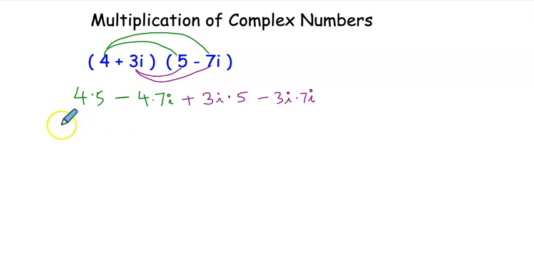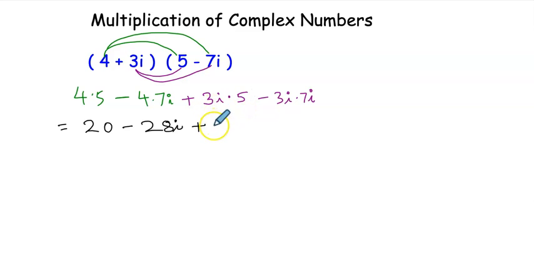Let us do that. What is 4 times 5? That is 20 minus 4 times 7i gives you 4 times 7, 28, and then i, plus 3i times 5.